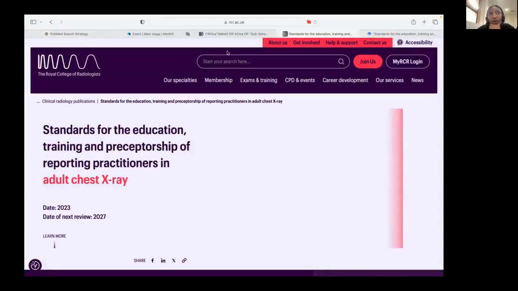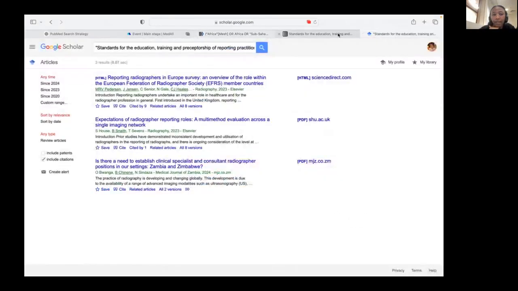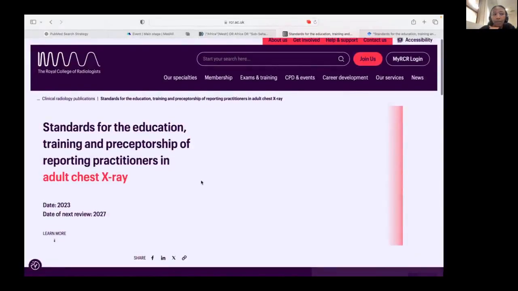So for this specific research question, you would want to have done this search because that's the minimum everybody would have to do for a scoping review. But you would also need to do a next step of looking at different radiology associations to see if they have publications on the matter. And that is actually where you would get the majority of information for this specific type of question.